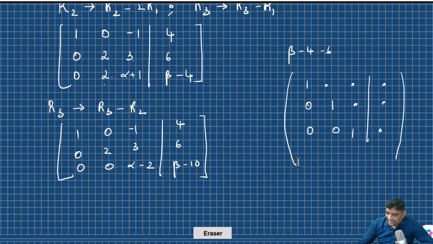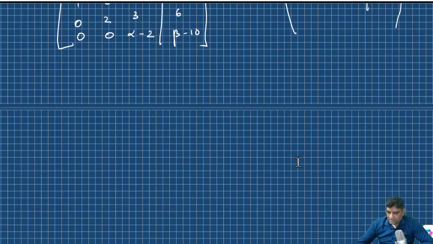But if I did end up with 0 here and 0 here, then the system has infinitely many solutions. Or even if I reach, let's say, a 0 here and a 0 here, even in that instance, I can say that the system has infinitely many solutions.